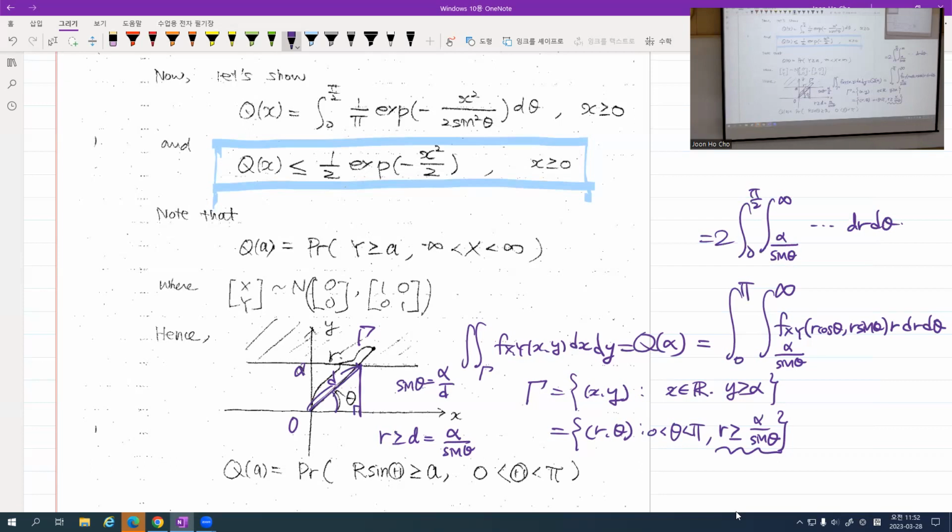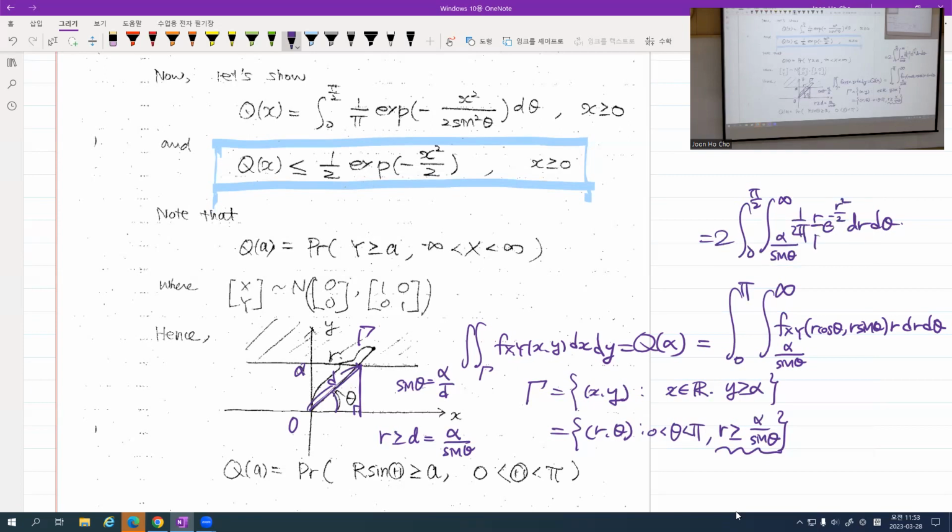And as we already know, the density becomes 1 over 2 pi, and we have r e to the something, right? Something like this.